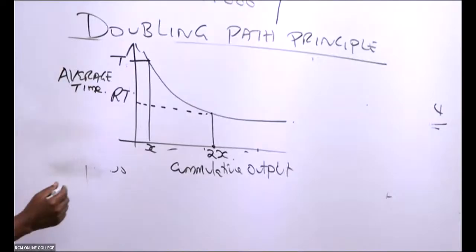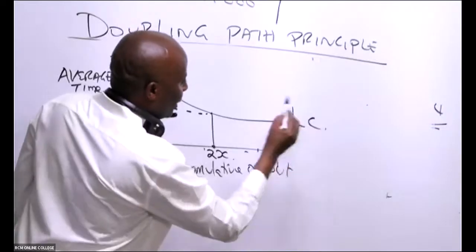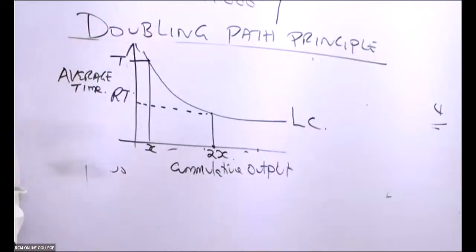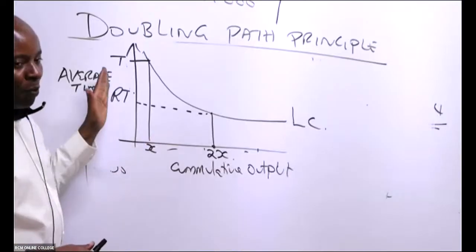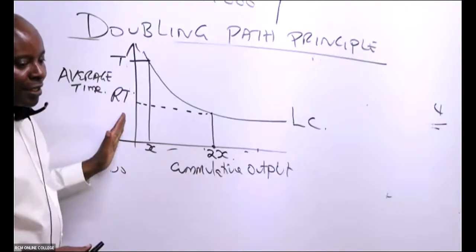So remember, this is my LC. LC for what here? Somebody? LC for learning curves. Let me know again once you finish drawing this ugly figure. Thank you so much. Done. So as output doubles from X to 2X, average time reduces from T to RT.